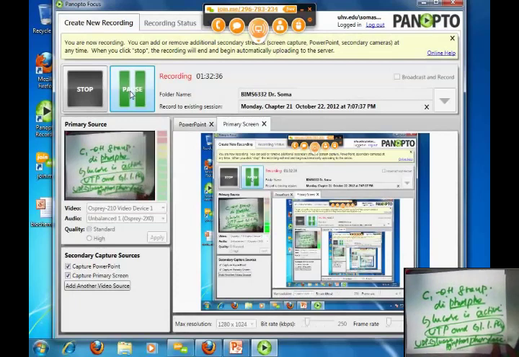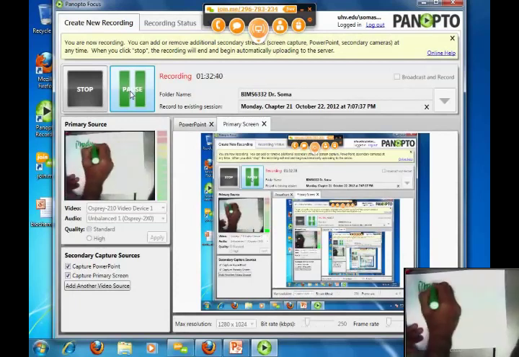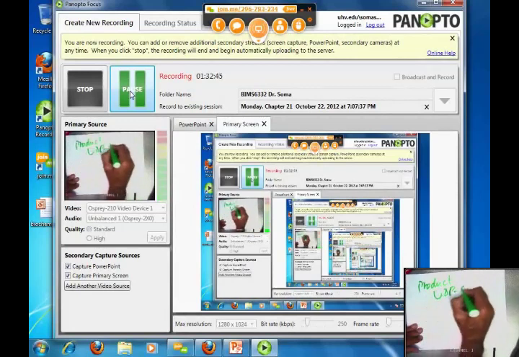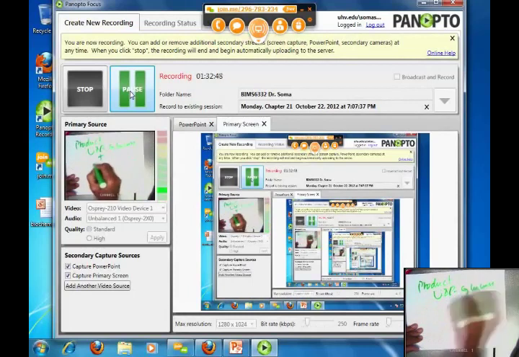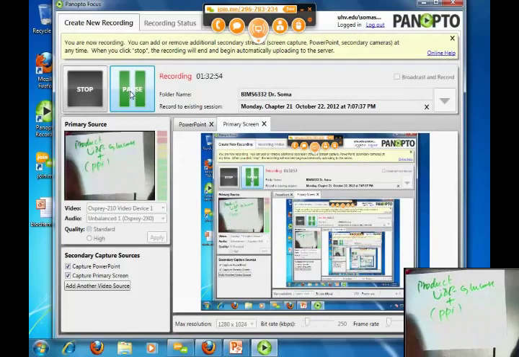So the product of this enzyme will be UDP glucose plus a pyrophosphate, meaning a double diphosphate. That's why the enzyme is called pyrophosphorylase.